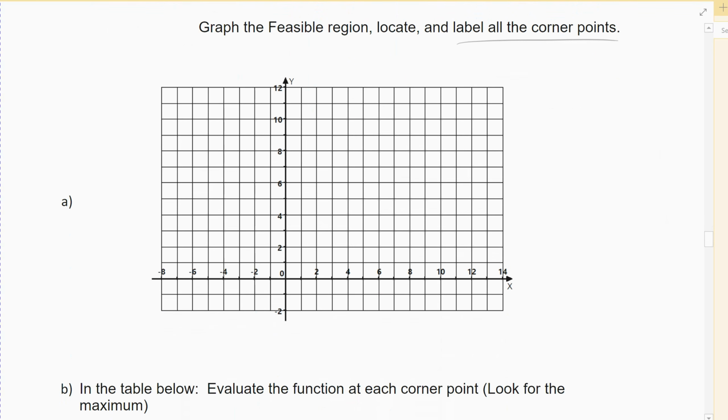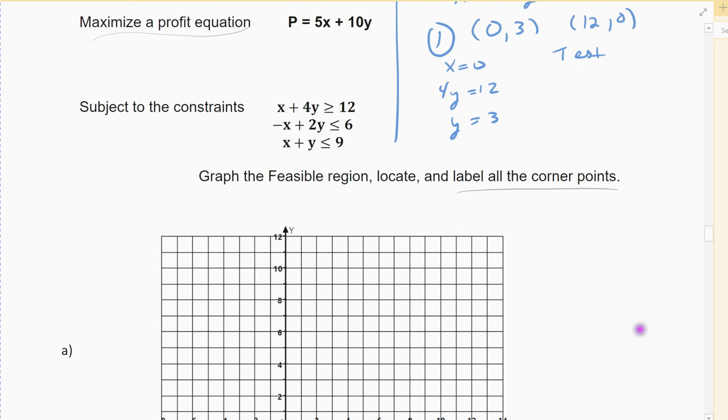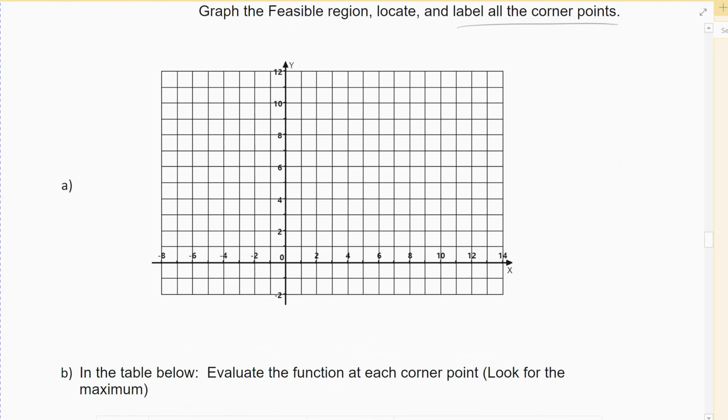And again, try it again using a straight edge for these. And so, I've forgotten what my points are already. 0, 3, and 12, 0. All right, so 0, 3 puts me here. And 12, 0 puts me there. All right, so I wish I had a straight edge, but I don't.